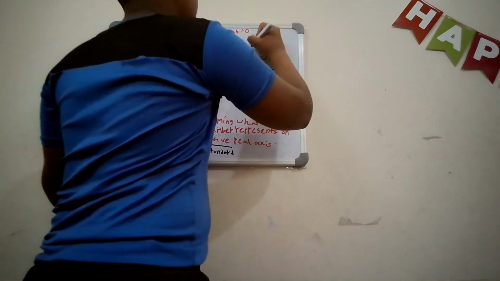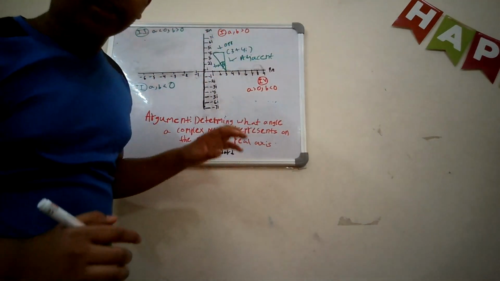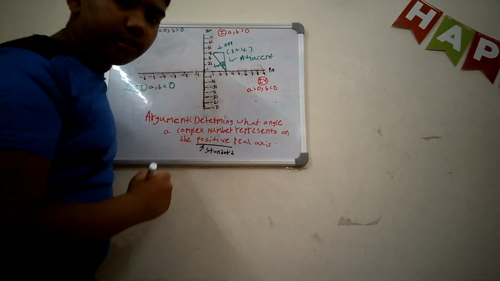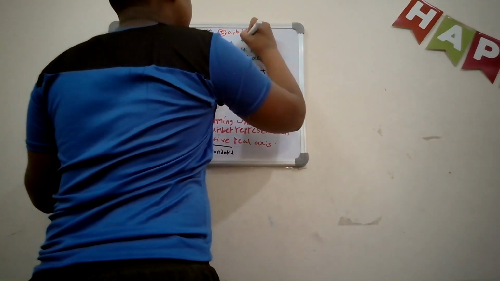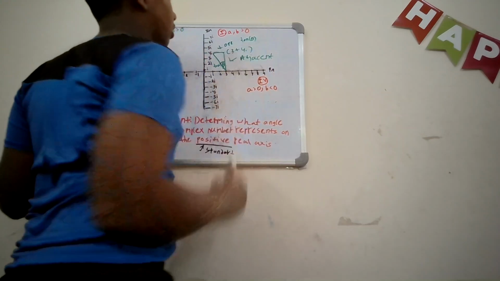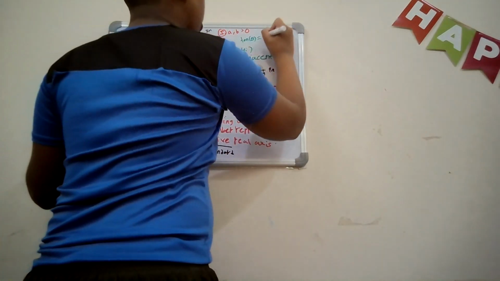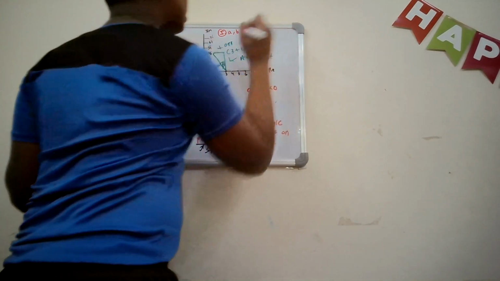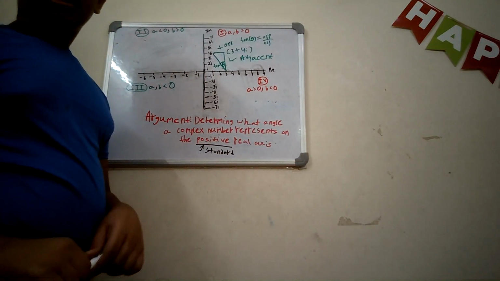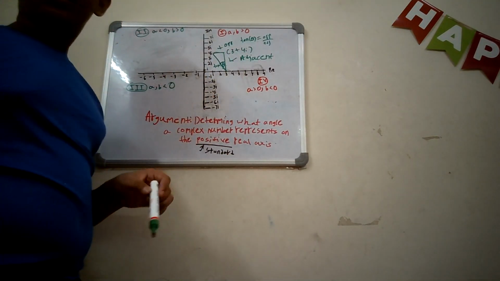So look, when you want to figure out what theta is, we first have to remember a formula. Tan of theta is equal to the opposite over adjacent. Yes. This is the formula, okay?